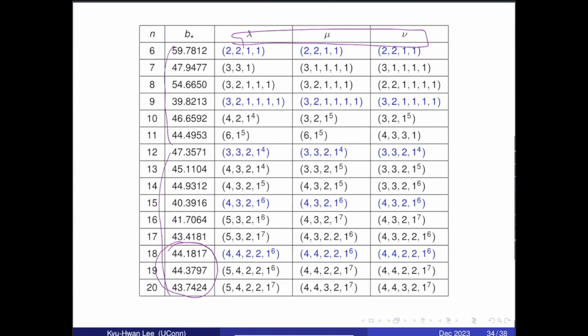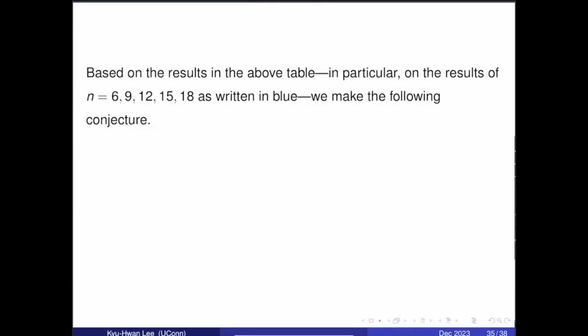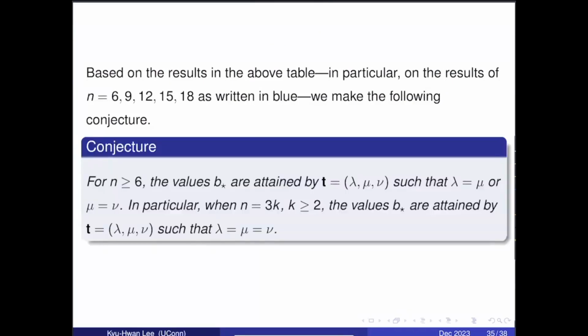Then when you have triples of 3, 6, 9, 12, the lambda, mu, and nu are all the same. So here, lambda, mu, and nu are the same. So we can make a conjecture that B star is obtained when at least two of them are the same.